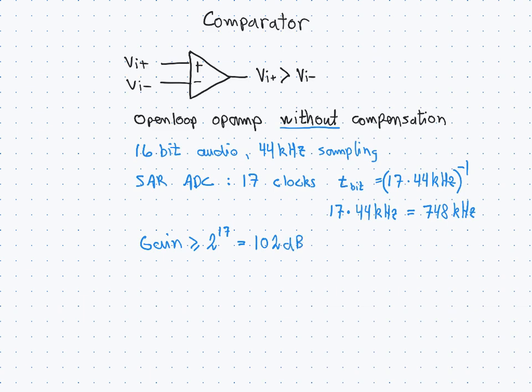Now this is a very high gain for an integrated circuit. What is also important to know is that if we look at the gain bandwidth product here, that would result in 98 gigahertz.